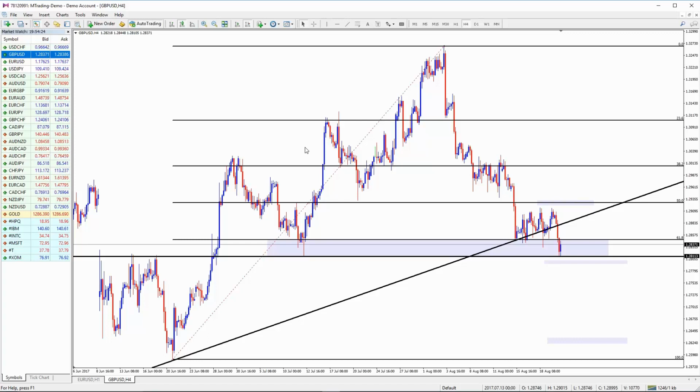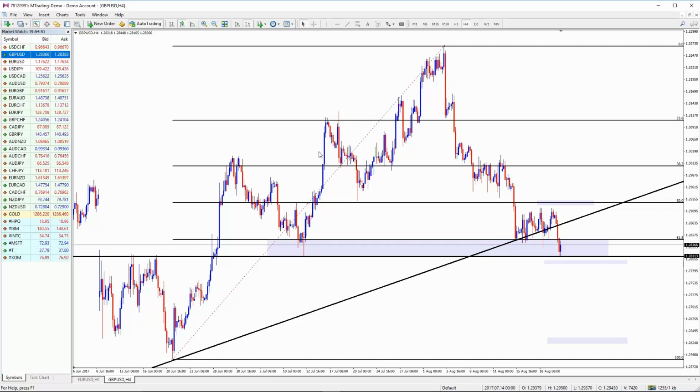At this point, our next step is to check our risk to reward. So how much am I going to risk to achieve what amount? It depends on you whether you're looking to risk $100 or $500. That all depends on your account size and what percentage you allocate for each trade.